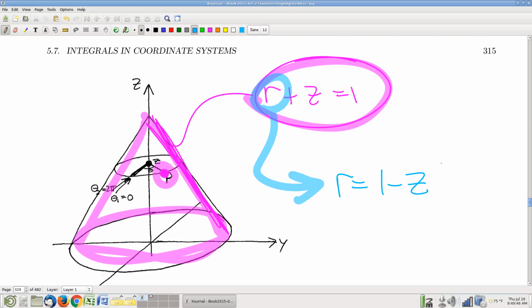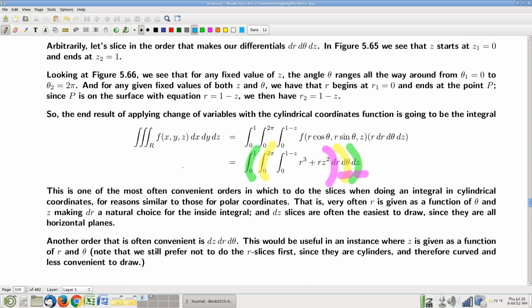So r goes from 0 to 1 minus z. Like so. Everybody good? And it's the same process as in all the other examples that we've done. It's just that we have to interpret slices appropriate to the coordinate system that we've decided to use as our change of variables function.